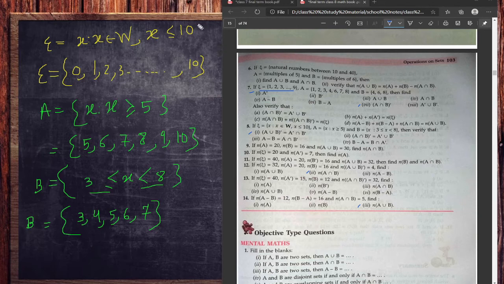So by defining all these sets into the given data form, after that you have to perform all the given sums. So let me do the first one, that is A union B whole dash is equal to A dash intersection B dash. So much work we have to do over here. First of all, we need to find A union B. So let's do that.